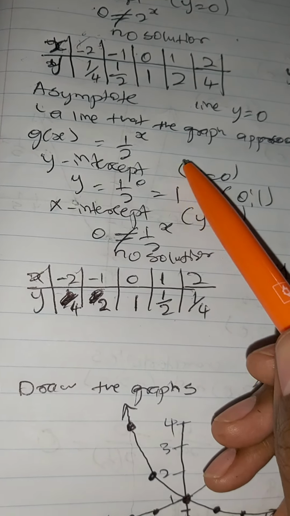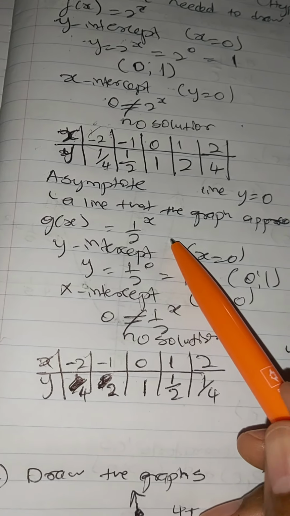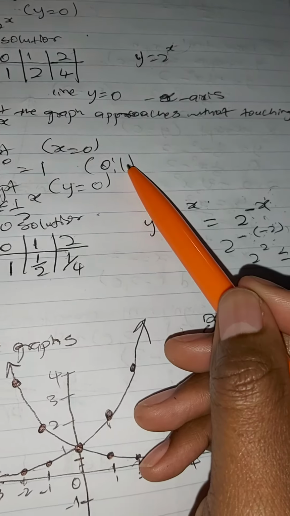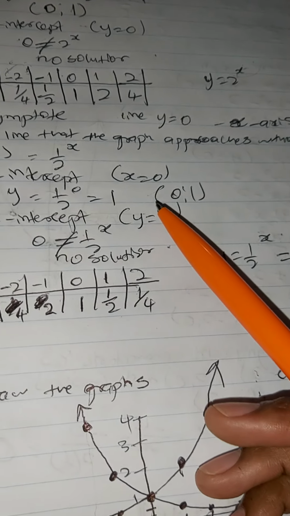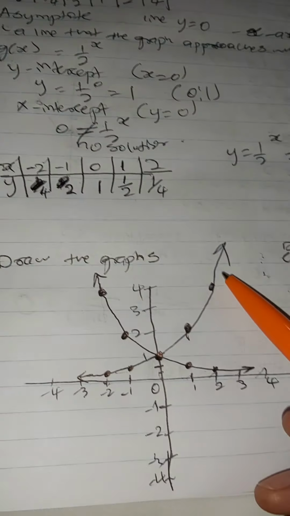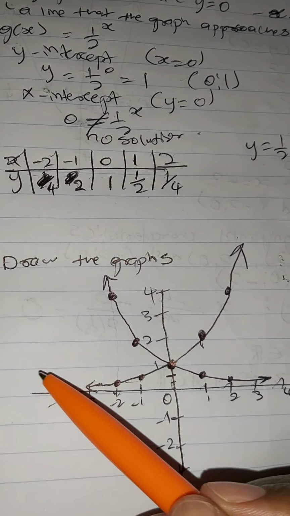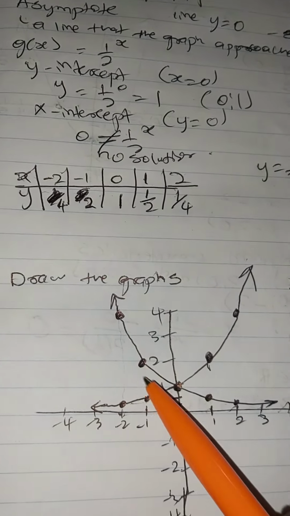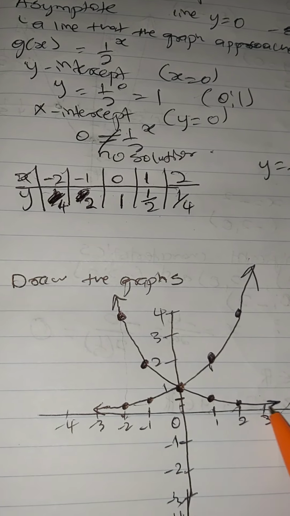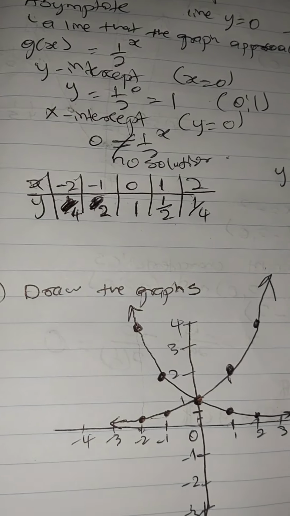An asymptote is a line that the graph approaches, but it never reaches. It does not touch it. So you see these graphs, which line are they approaching but never reach? For both of them, it is the x-axis, which is the line y equals 0.